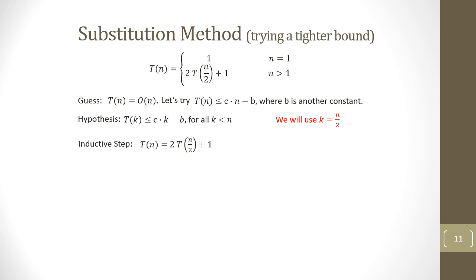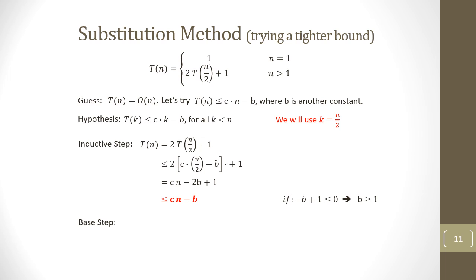So plug in the hypothesis in our recurrence and solve it. So we come to Cn minus 2b plus 1, which is less than or equal to Cn minus b if minus b plus 1 is less than or equal to 0, when b is greater than or equal to 1.